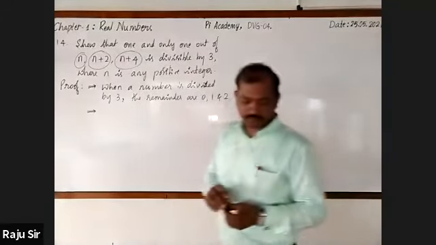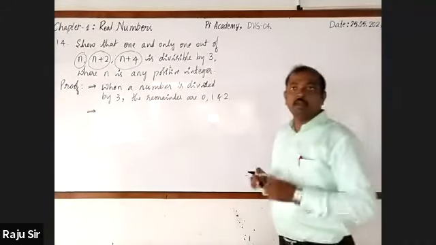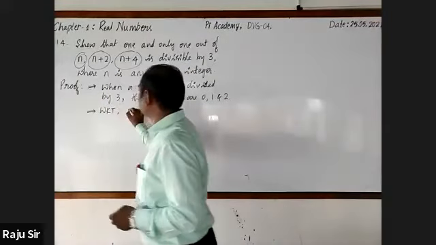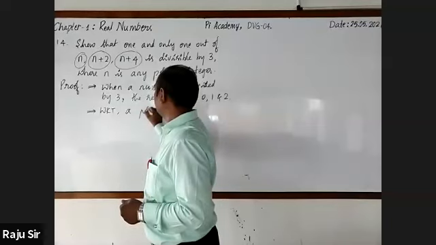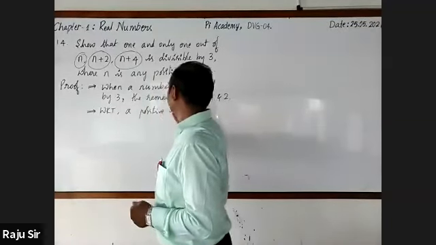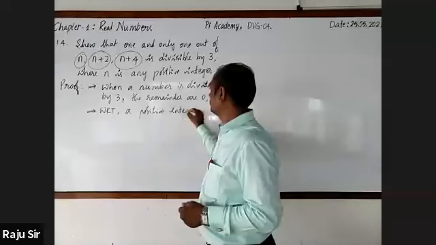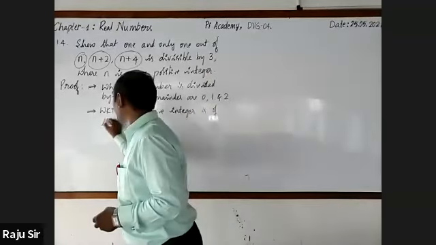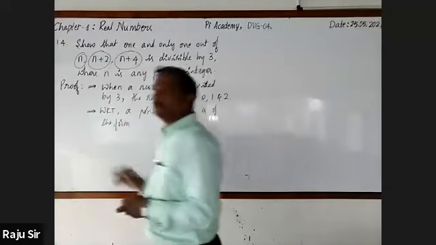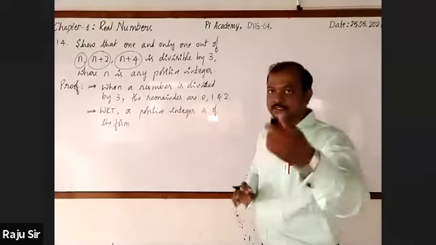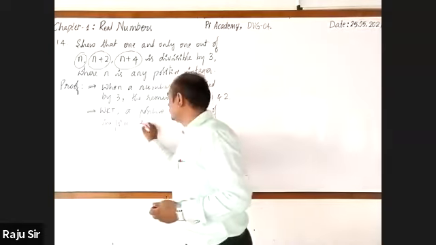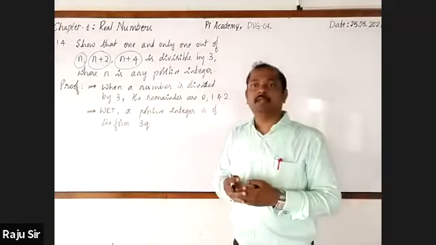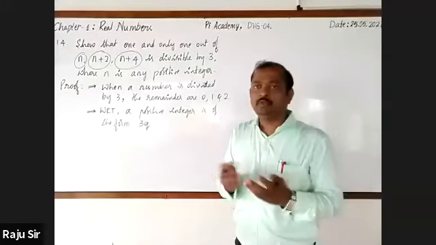Next, we know that a positive integer is of the form 3q, 3q plus 1 or 3q plus 2. I told you that a positive integer may be even or odd; we do not know that.